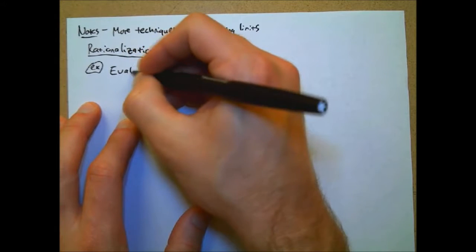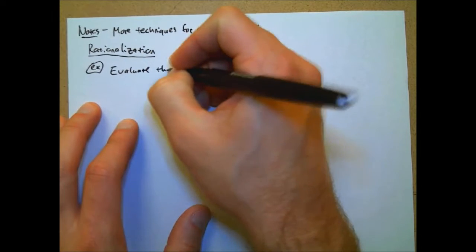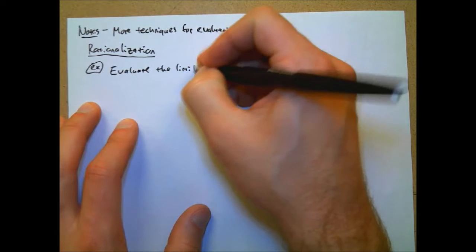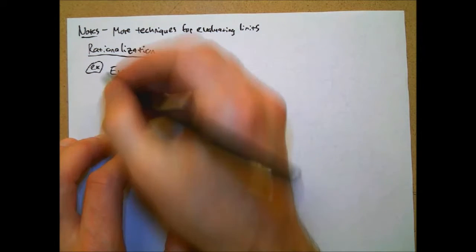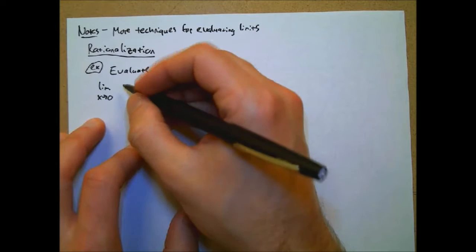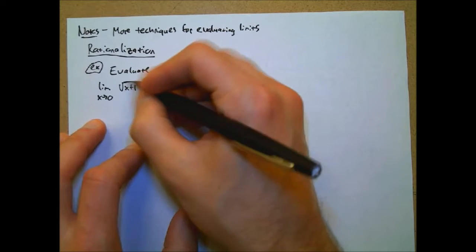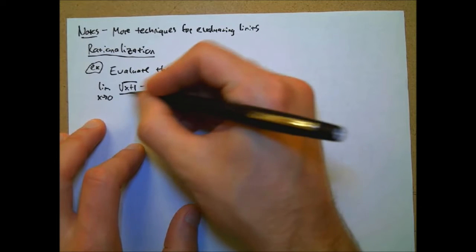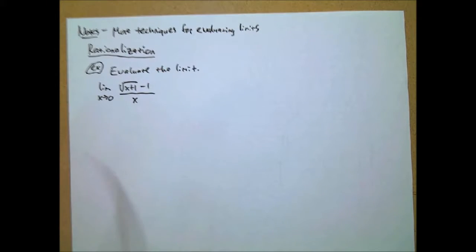So let's say we want to evaluate the limit as x approaches 0 of the square root of x plus 1 minus 1, all over x.